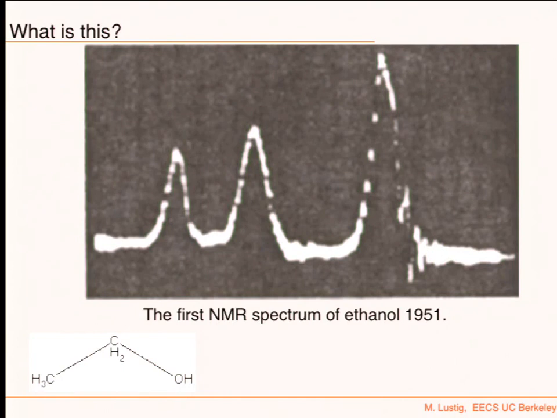In NMR, different nuclei will emit a different frequency. This is actually an NMR spectrum of hydrogen, but the hydrogen is bound to different types of molecules. So here's H3C, H2C, and then OH. And so it exhibits a different frequency that it's going to emit based on how the electrons are pulled by these bonds. Anyway, it's a really old spectrum.